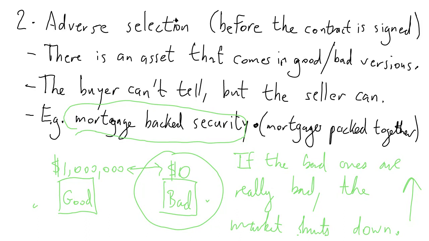Okay, so we've just said that in financial markets there are two very serious problems. Well, there's risk, but then there's asymmetric information, and the two important kinds of asymmetric information, there's moral hazard and adverse selection, and both of them stem from a lack of information by one or other party in a contract.